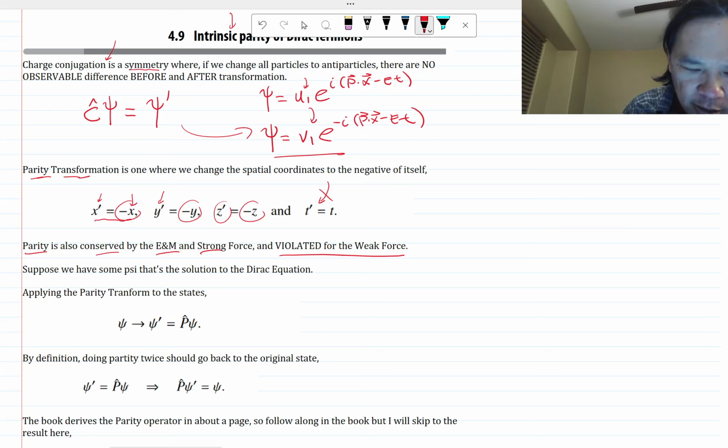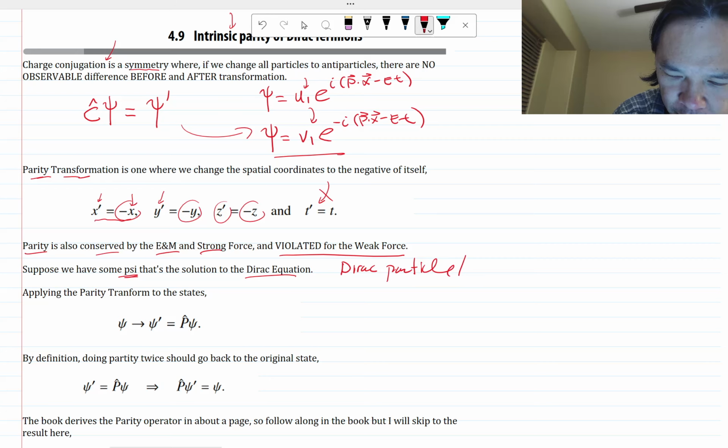So how do we deal with this parity operator? Suppose we have some state psi that's a solution to the Dirac equation. That means it is a Dirac particle or antiparticle. Let's just call it a Dirac state.